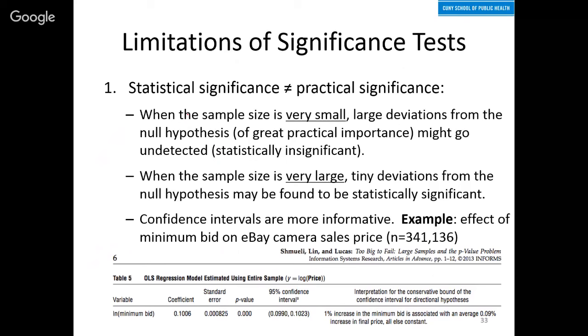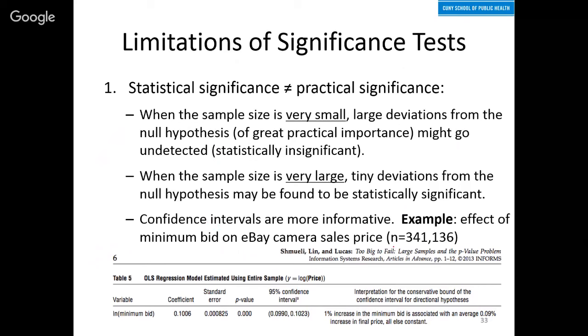But if the sample size is very small, then even large differences might not be statistically significant. Conversely, if you have a very, very large sample size, then tiny differences in means can be highly statistically significant. One example I saw of this was an analysis of eBay camera sales and the effect of minimum bid on the eventual sales price.